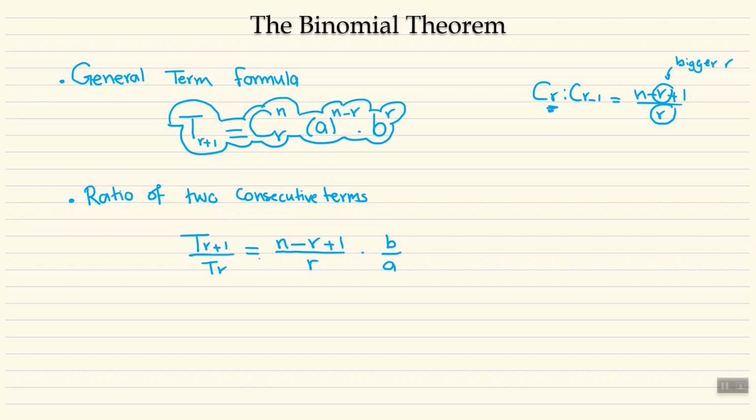Here, this r is not actually the bigger r, it is actually the smaller r. And we add to it b over a. b means the second term, and a means the first term.